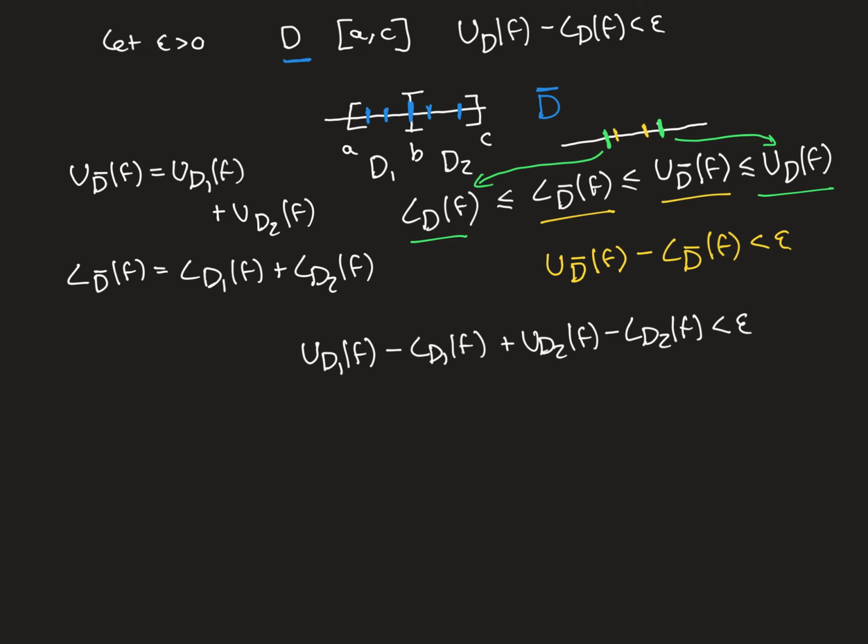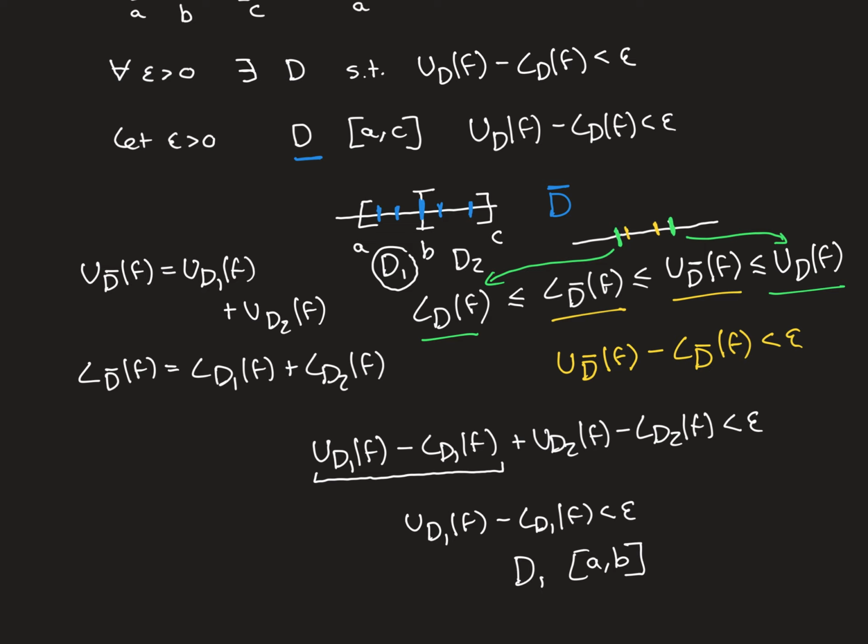Now, I can therefore conclude that if we take this dissection D1, which is a dissection of the interval AB, the difference between the upper Riemann sum and the lower Riemann sum is going to be less than epsilon, which is exactly what I wanted, because I've now found a dissection over the interval AB such that the difference between the upper and lower Riemann sums is less than epsilon. So D1 is a dissection of the interval AB.